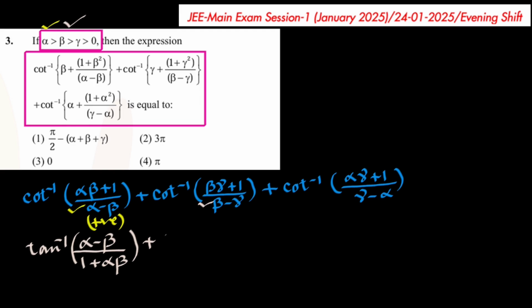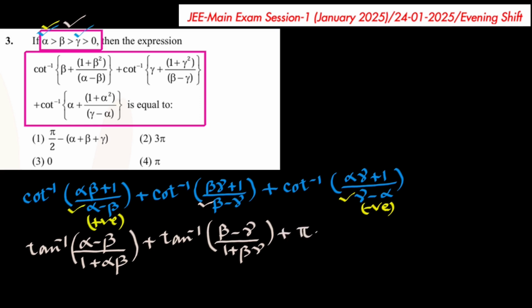So we can write tan inverse of (beta minus gamma) upon (1 plus beta gamma). Here in the third case, gamma minus alpha is negative because gamma is smaller than alpha. So the term here will change and become pi plus tan inverse of (gamma minus alpha) upon (1 plus gamma alpha).